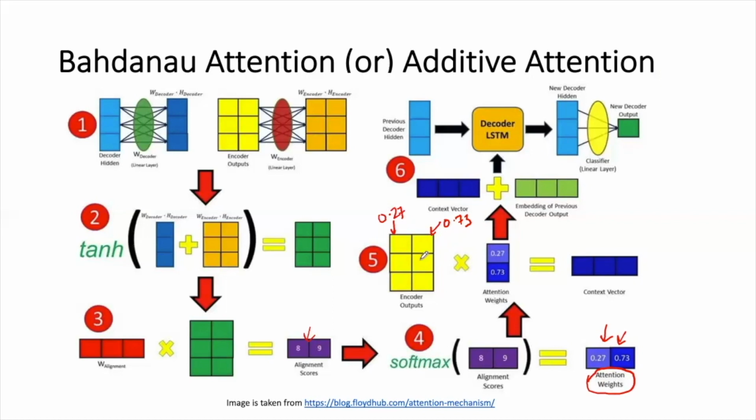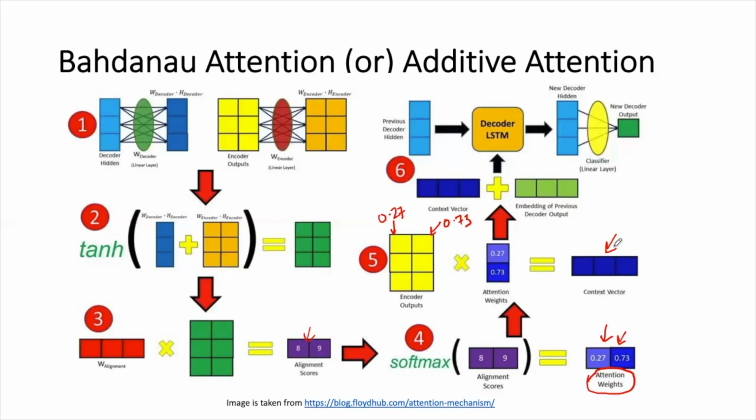That is another operation. It's like a mixture of all the encoder outputs that we are trying to find. Once we multiply with the attention scores, we add them up to generate this context vector. So the context vector is a linear combination of all our encoder outputs.